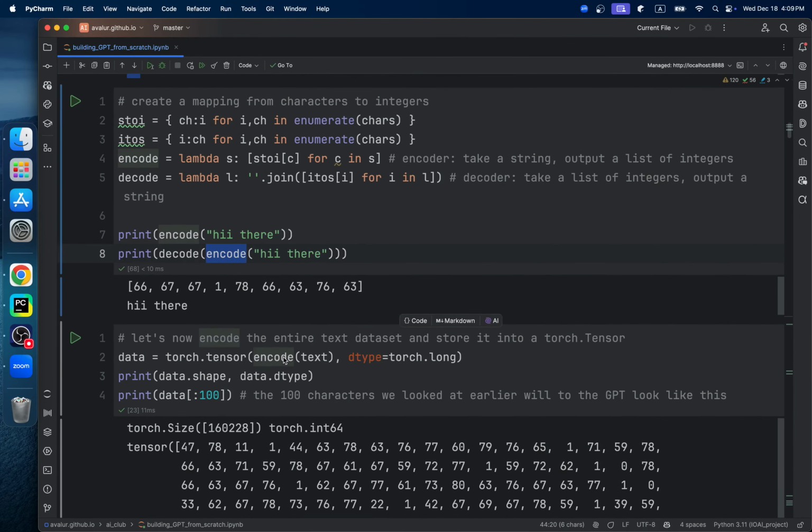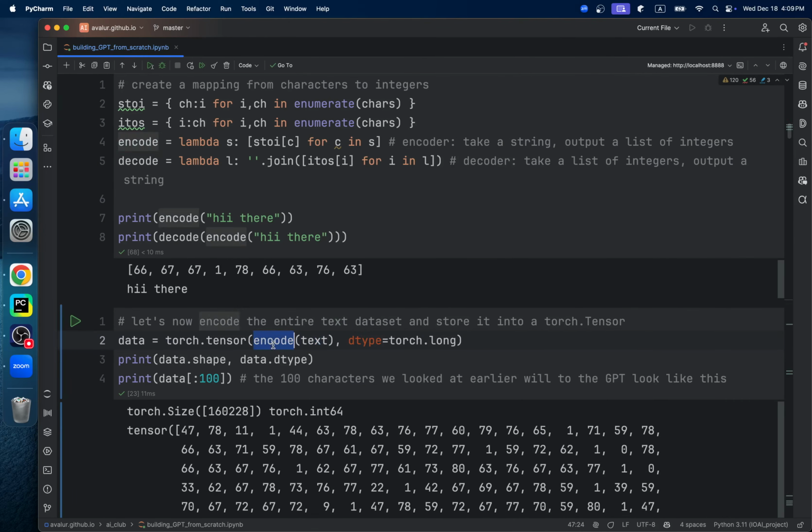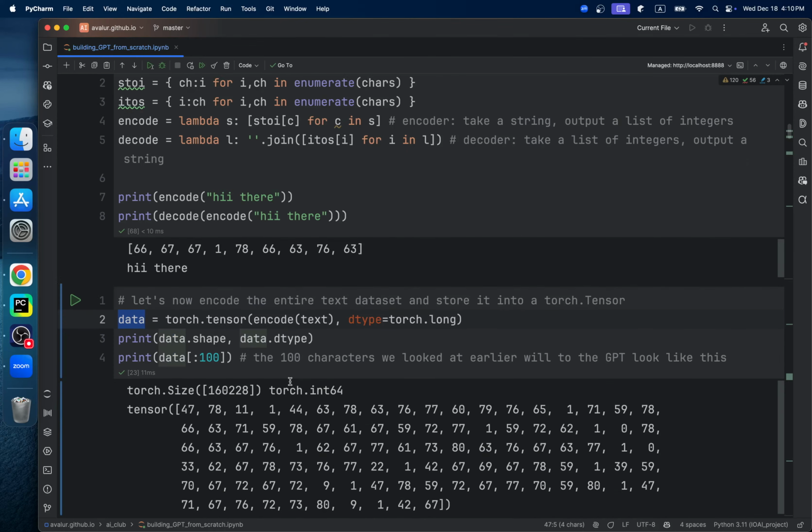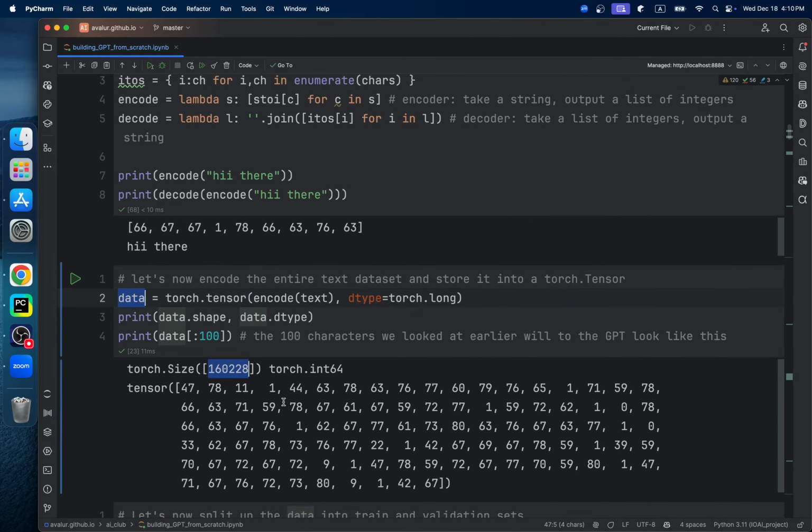Then let's go on. All the text, we first encode it to numbers, and then we put all these numbers into a PyTorch tensor. So here is the construction, and it is our data for the model: the encoded characters of the whole data set. We see the same number of indices in the data, and the type of data is now int64.